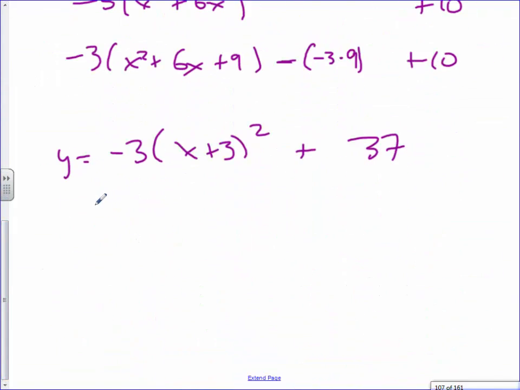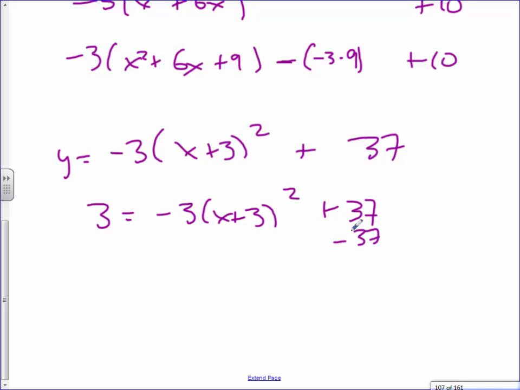So now if I take all of this and make it equal 3, I can actually solve for x. In order to solve for x, I'm going to have to subtract 37, divide by minus 3, square root, and then subtract 3. So I'll do it in pieces though. Subtract 37 from both sides.